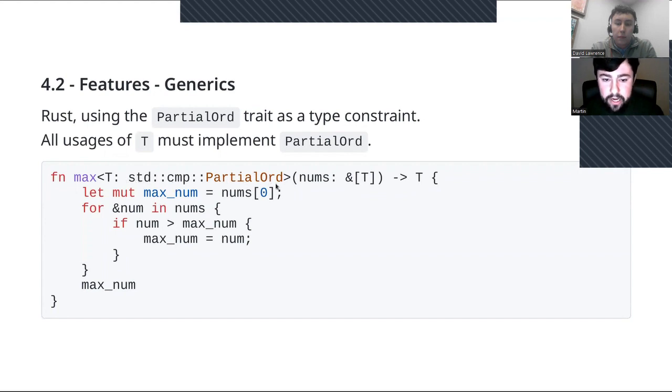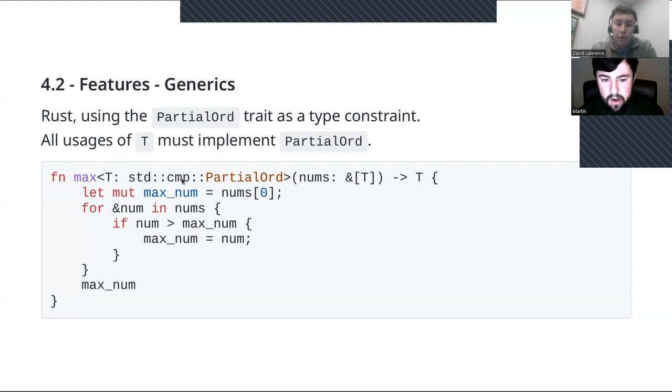This is actually a trait in Rust, so I can say T must implement this trait. And then with that, I can do the comparison as well on each one of my numbers. Well, not necessarily my numbers, but whatever implements this trait. And then we can compare them and return the maximum.